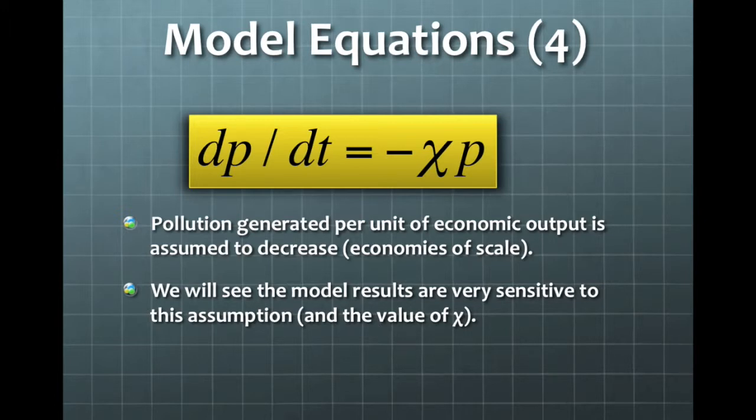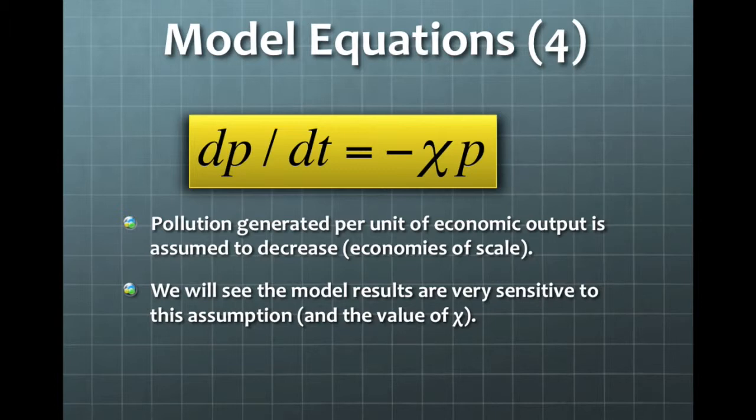And one of the things we'll see with this model is that the model results are very sensitive to not only this assumption, but of course to the value of the parameter chi. And one of my criticisms of the model is that it really assumes that pollution decreases over time per unit output. I'm not sure that's realistic.